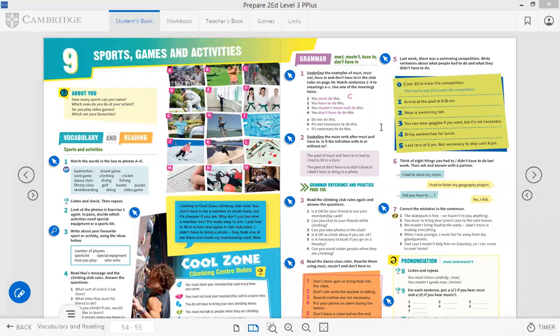It is necessary to do this. You have to do this. A, B, or C. Come on, students, help me out.